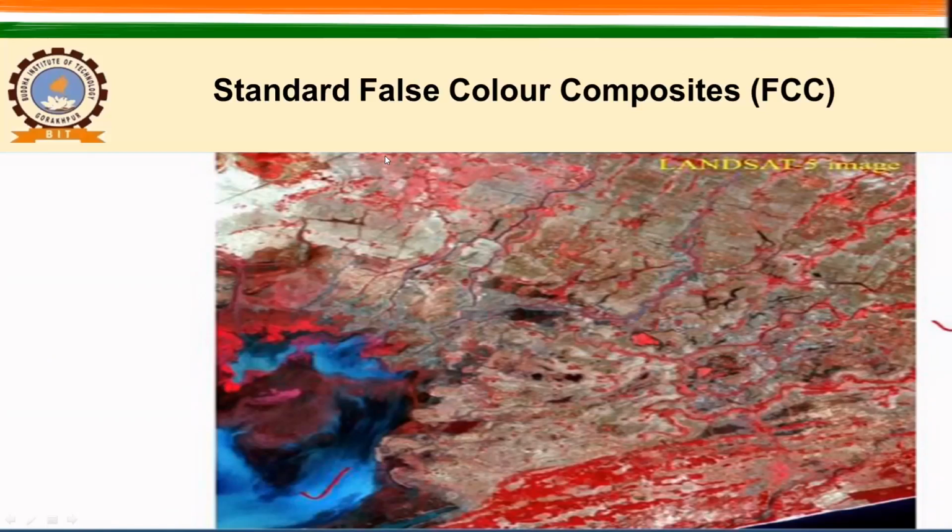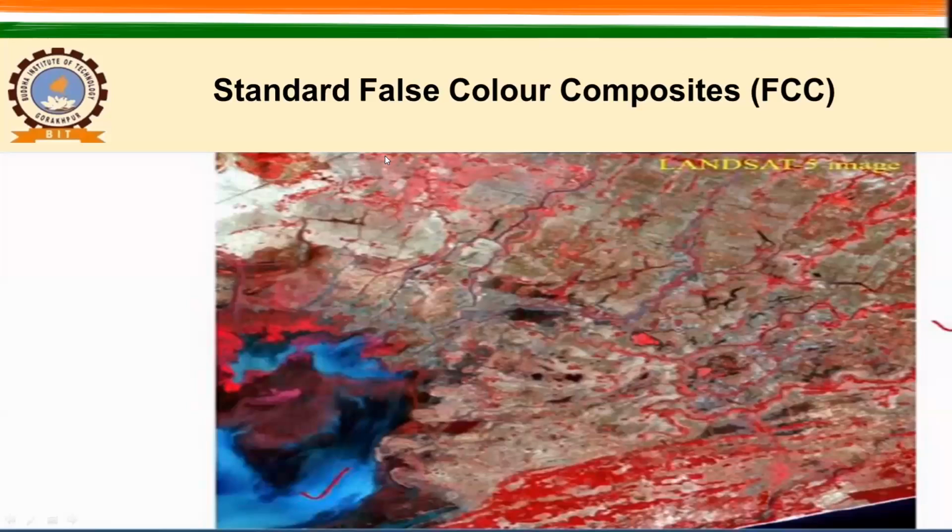So if you display your image using this standard convention, where we are assigning green to blue, red to green, and near infrared to red, then your image will appear something like this. Here we have assigned near infrared to red light. Here you can remember, all the red colors are basically IR.